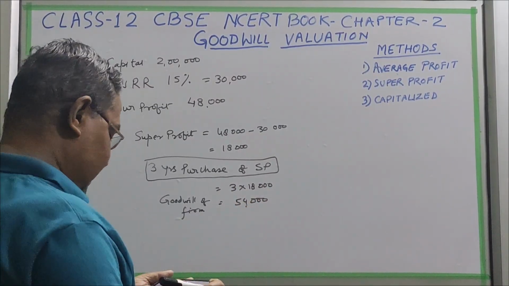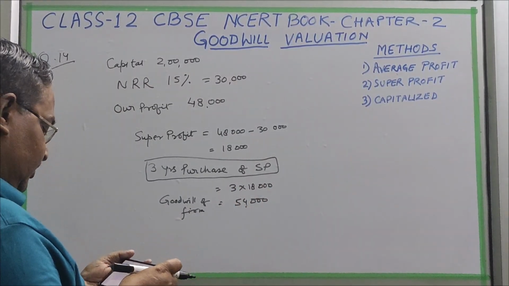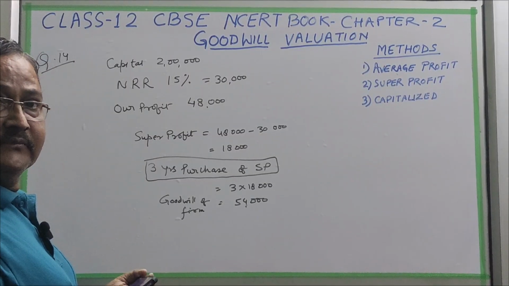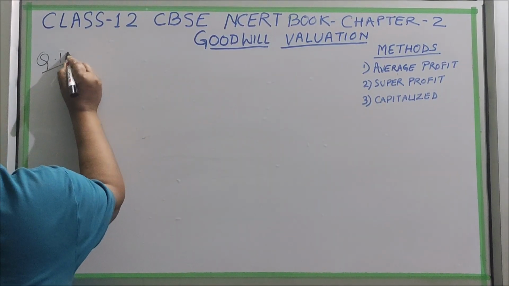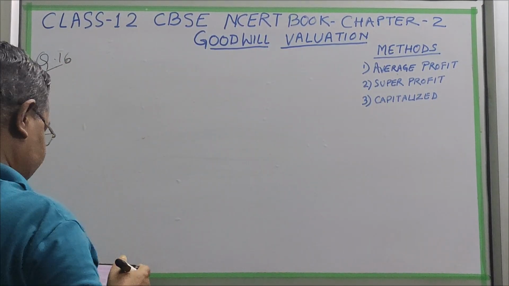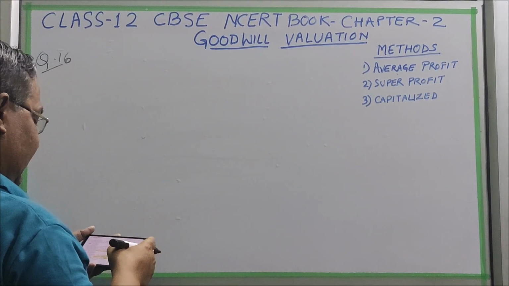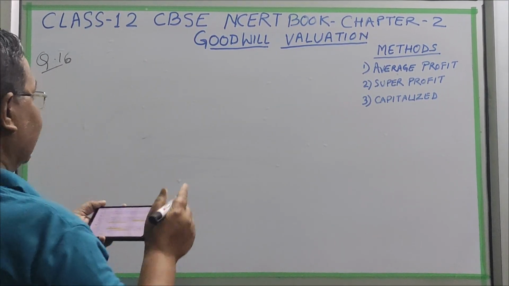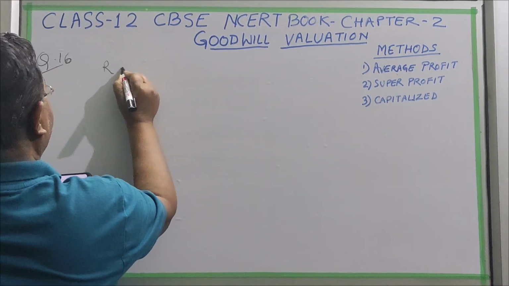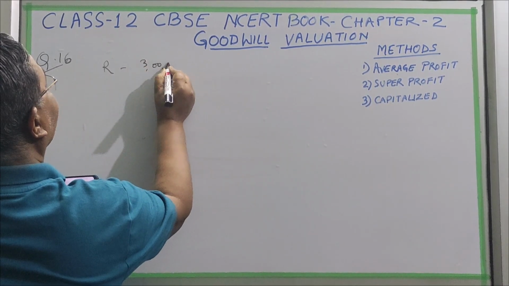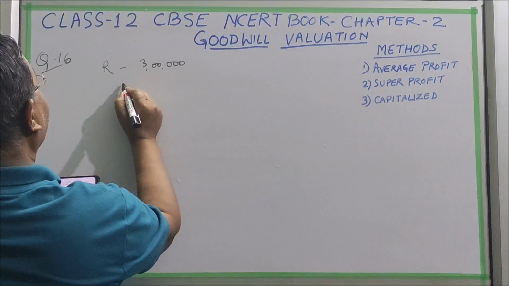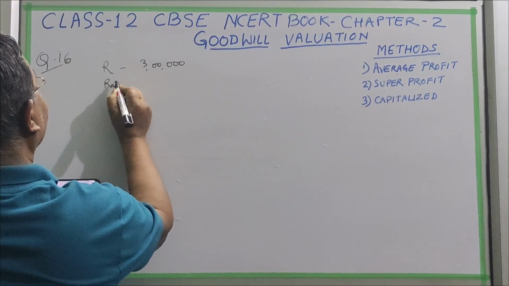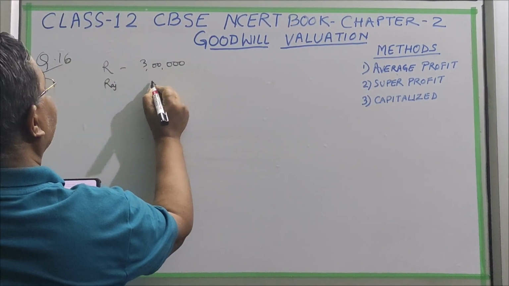Okay, now we will go to the next question. Question number 16. Rajan and Rajni are partners in a firm. Their capitals were: Rajan's capital is 3 lakhs and Rajni's capital is 2 lakhs.